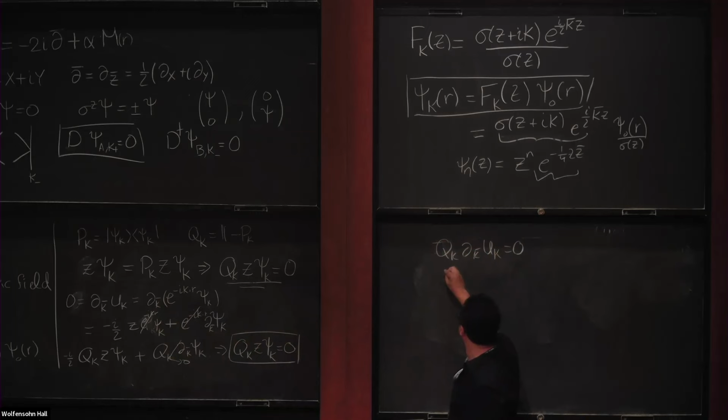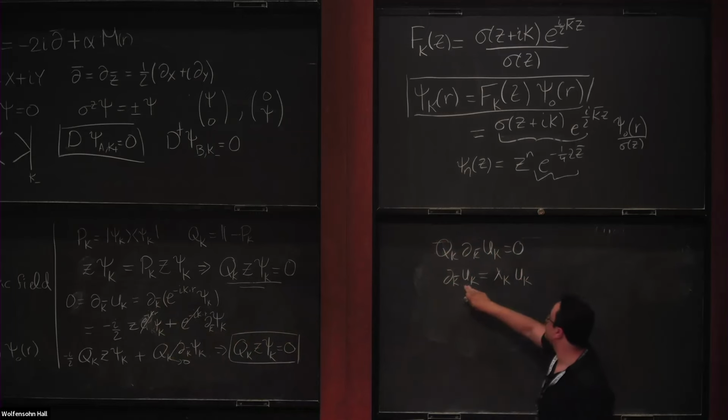But this means that the derivative of u of k is proportional to itself, because this Q of k is just 1 minus some overlap of u of k with this object times u of k.